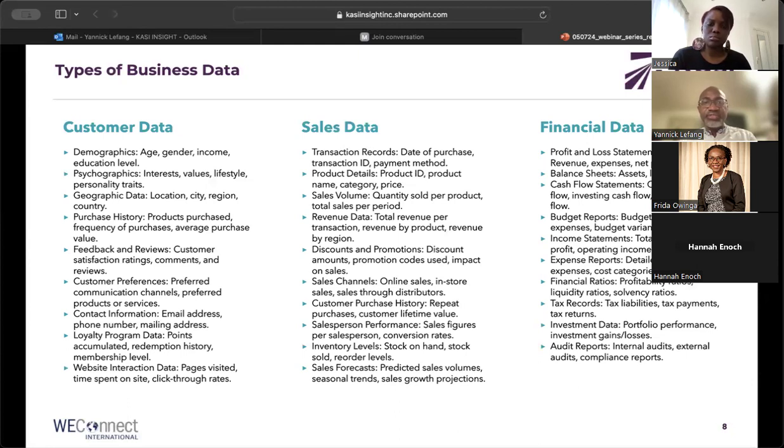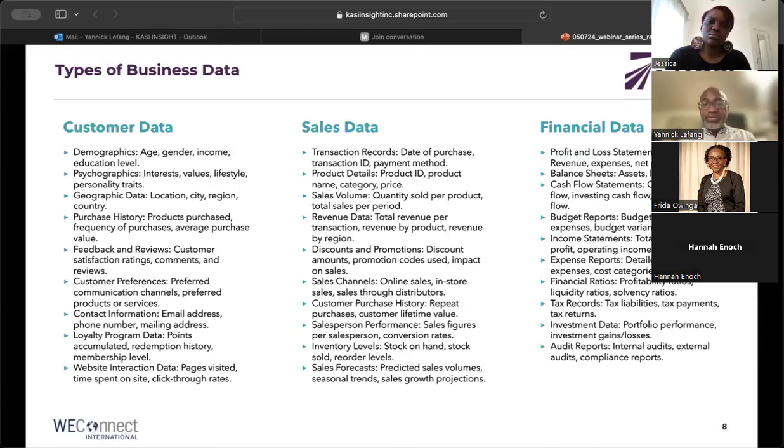So purchases, how much volume per quantity per product, which product is selling most or better in the company, whether we do discounts, promotions, is it online? And so here you're looking at data that will tell me, okay, 90% or 70% of my sales are coming from online, or this is through distribution, customer history, repeat purchase.